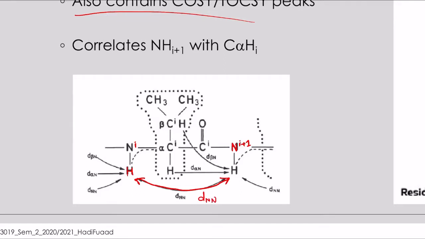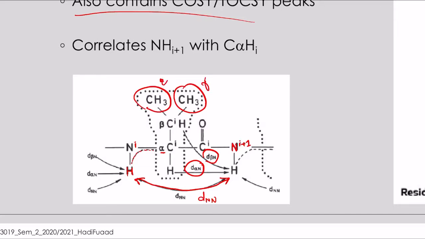So we'll see coupling from the N to the alpha hydrogen, of course, which you call D alpha N. And then you also see the D beta N, but you might not see the gamma or epsilon.